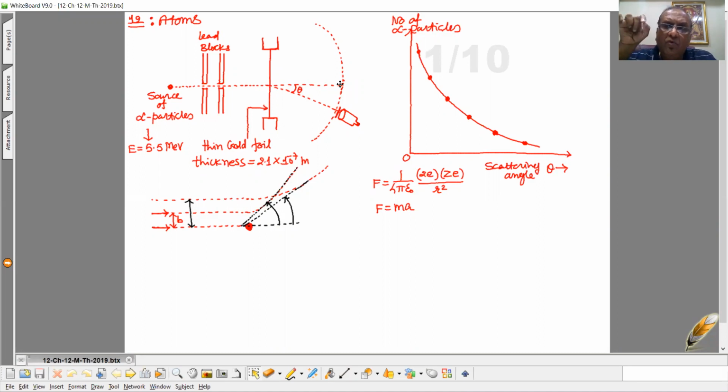Hardly 0.14% of alpha particles scattered at an angle greater than 1 degree, right? And hardly one alpha particle out of 8,000 scatters at an angle of scattering greater than 90 degrees.